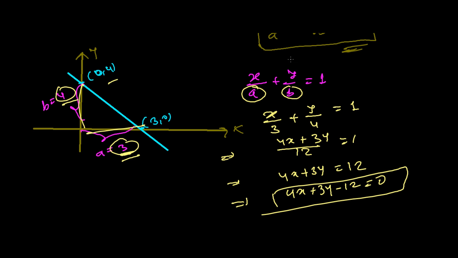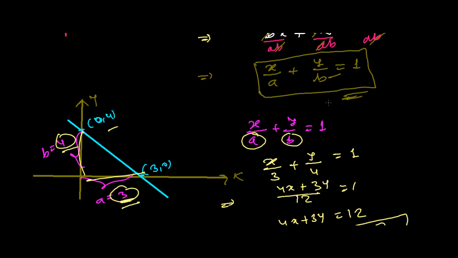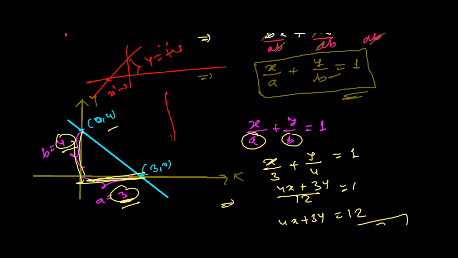In problems, it's not that every time you will get a positive x-intercept and positive y-intercept. You will get different types of intercepts. Sometimes you may get like this, where the y-intercept is positive while the x-intercept is negative. Similarly you may get like this, where both the x and y intercepts are negative.